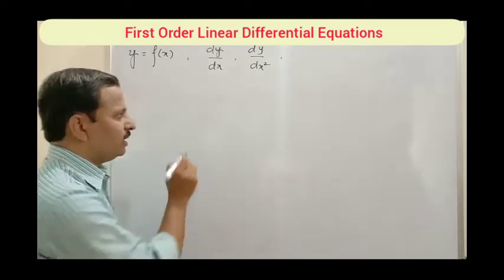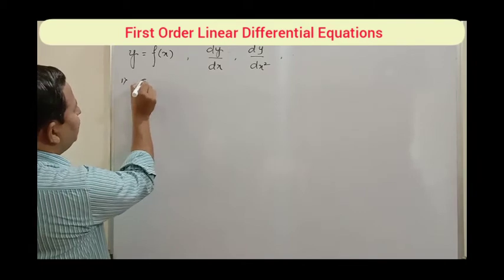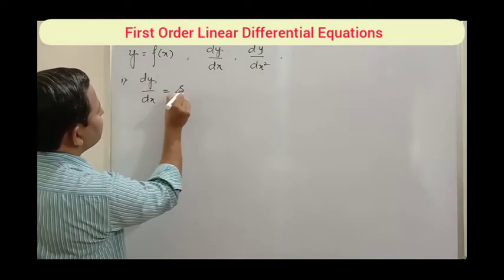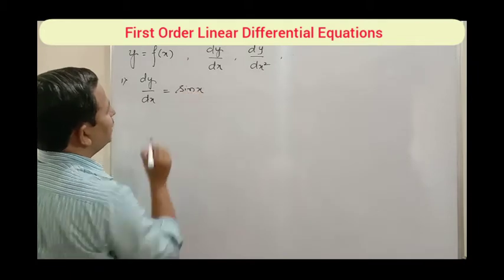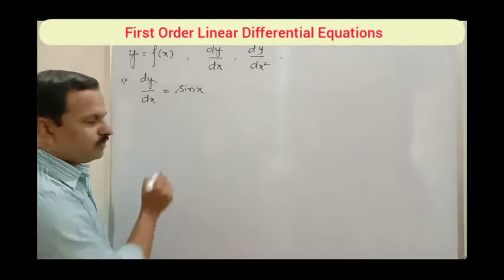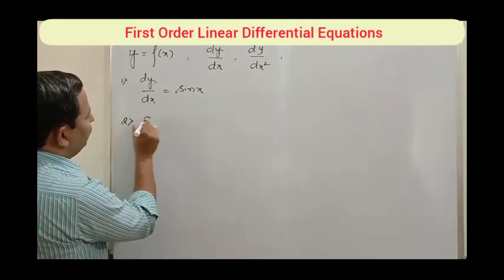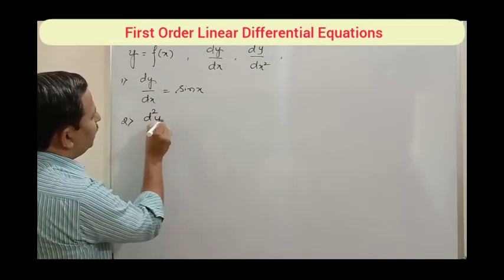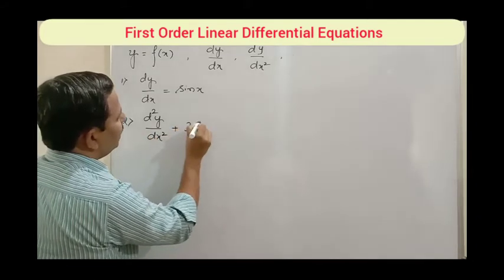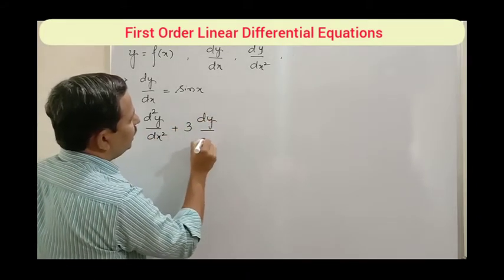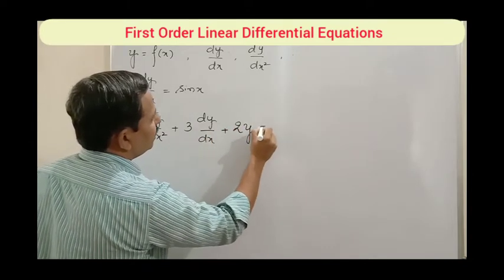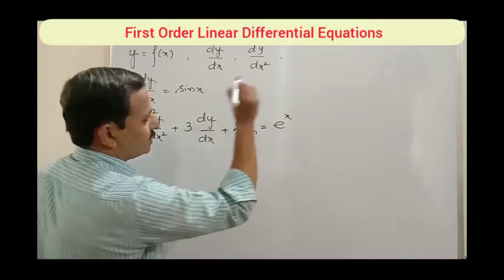For example, dy by dx equal to sin x is a differential equation because it contains the derivative term. Second one, d2y by dx2 plus 3 into dy by dx plus 2y equals e to the power of x.